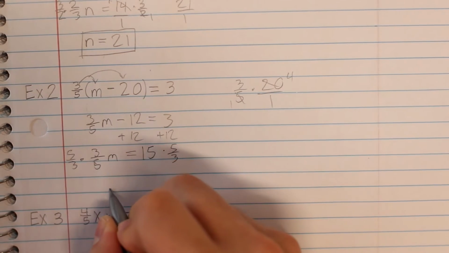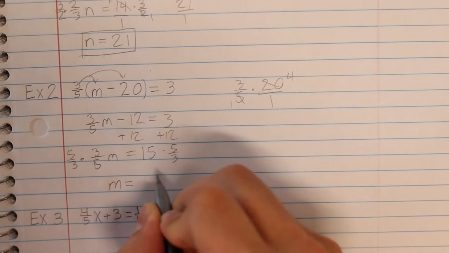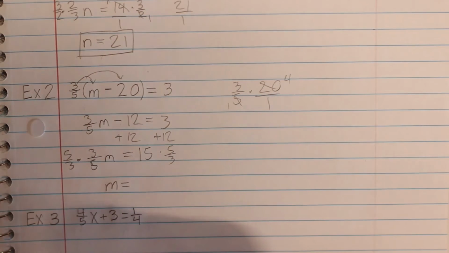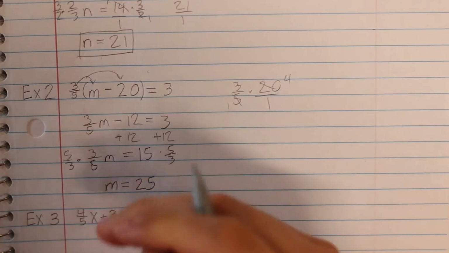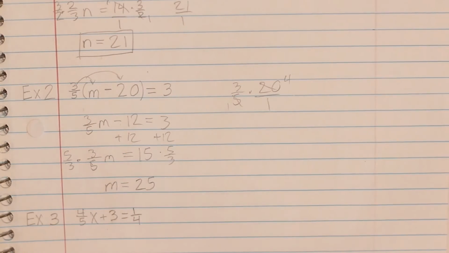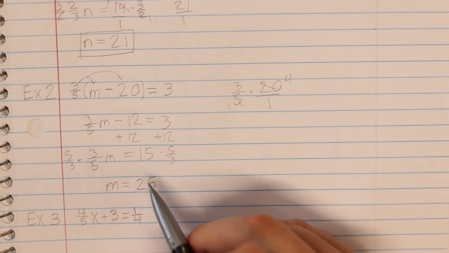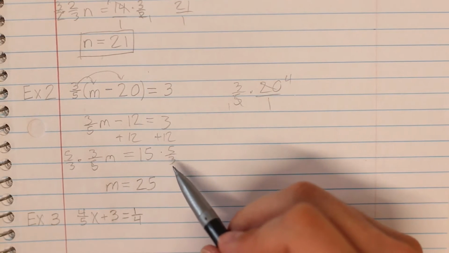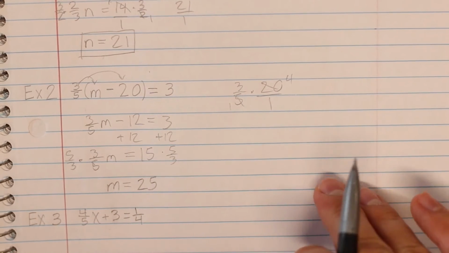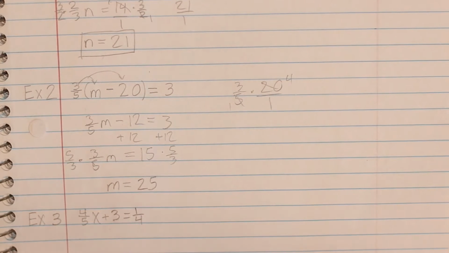This cancels out, giving you just your m is equal to, and this would reduce all the way to 25. If you want, do the work over the side to get the answer, but 15 times 5 over 3 is 25. Do the work to the side if you don't believe me. Go on, do it.